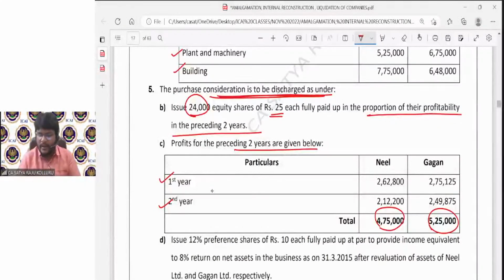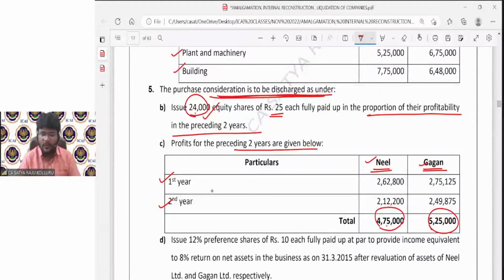He is simply telling that the purchasing company is ready to issue 24,000 equity shares to the selling companies combined. But for Neil Limited, how much, sir? Gagan Limited, how much, sir? If you distribute this 24,000 in the ratio of 4,75,000 to 5,25,000, then you can simply understand how many equity shares are received by Neil Limited and how many by Gagan Limited.